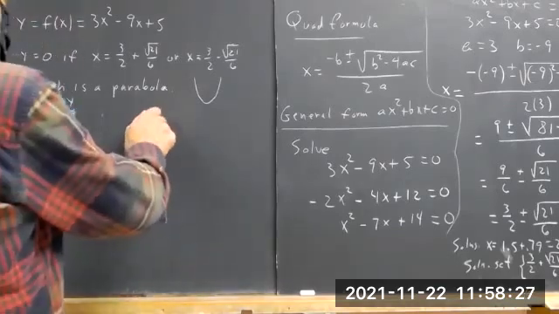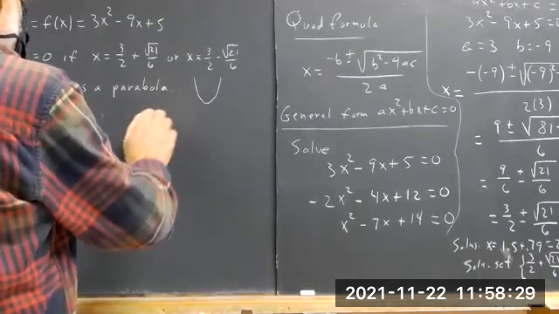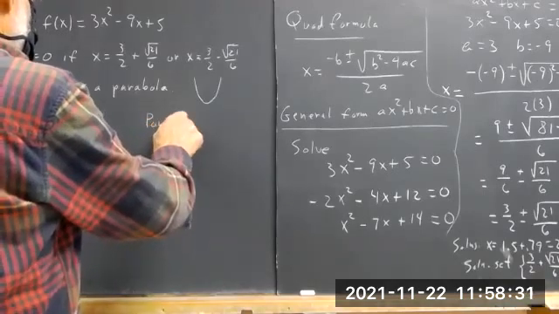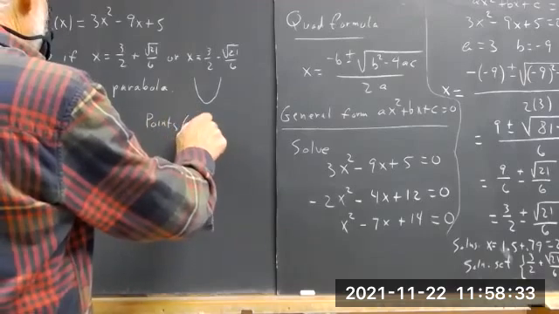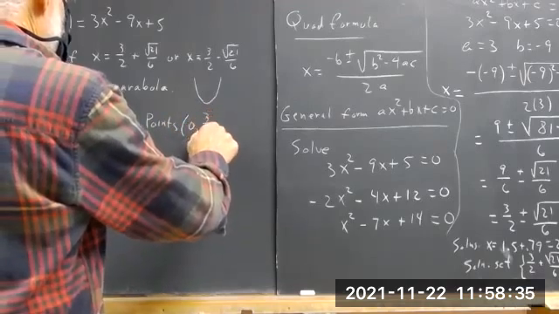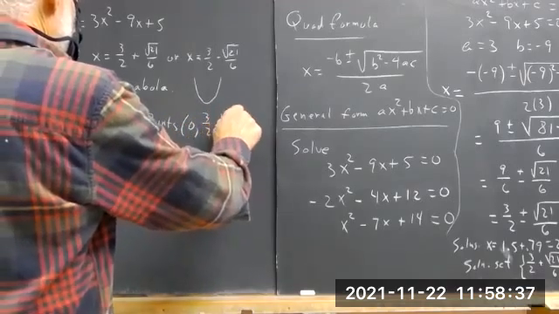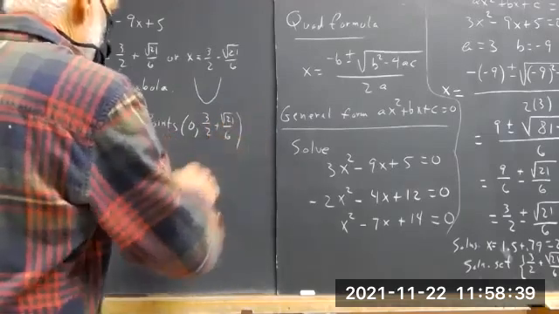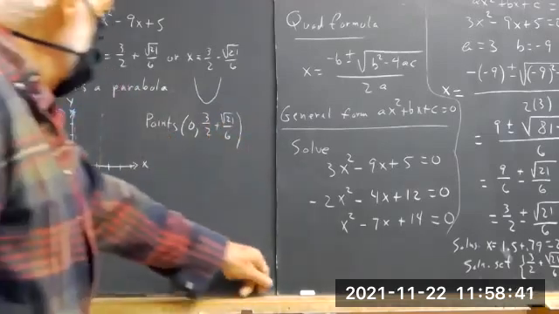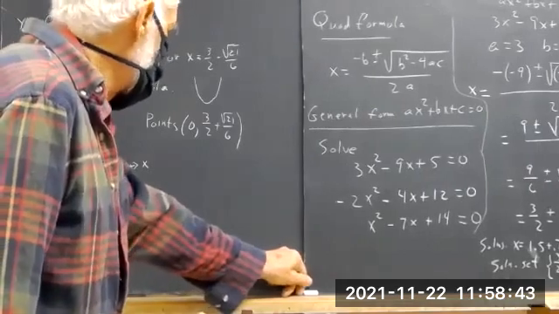Okay, the points zero, three halves plus square root of 21 over 6.